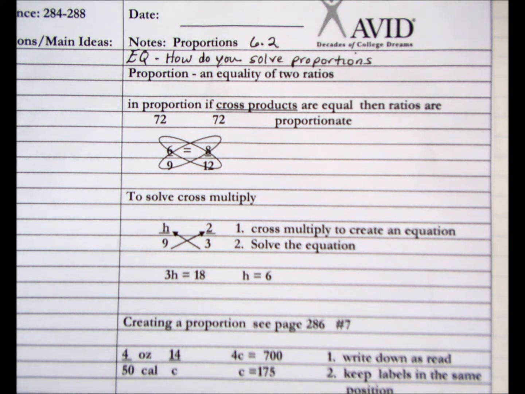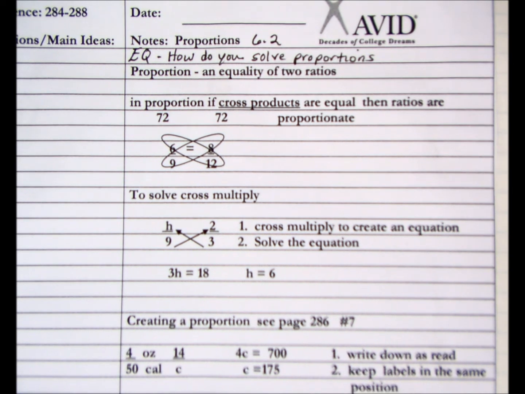Now, when you're creating a proportion from what you've read, it's really important that you set things up and keep the labels in the same position. Now, this problem comes from page 286, number 7, and it says 4 ounces of orange juice contain 50 calories. 14 ounces contain C calories.